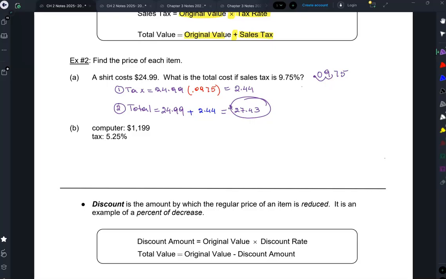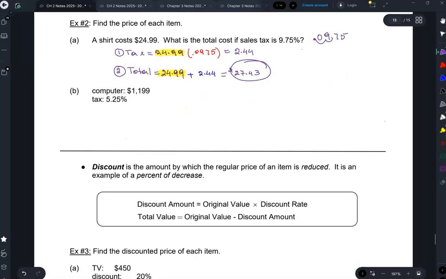Okay. Let's recap. Can I have everybody look up here? You take the original, multiply by the sales tax rate. Then you take the original, this time you add that new number. Okay? All right, let's do it again.